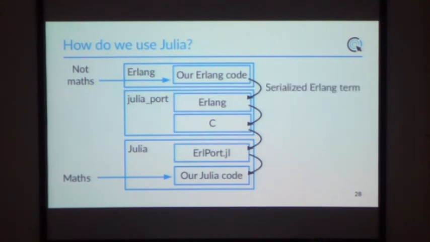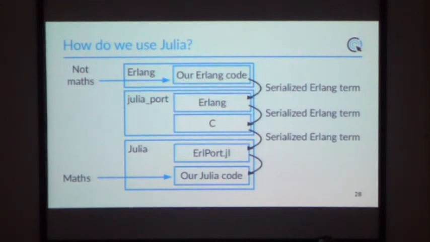Our Erlang code, when it wants to talk to Julia, the parameters that it wants to pass are converted into serialized versions of the Erlang data structures, and this serialized data structure, which is now only a binary, a byte string or byte array, is sent down to Julia port's Erlang component, which sends it to Julia port's C component, which sends it to a library called lport.